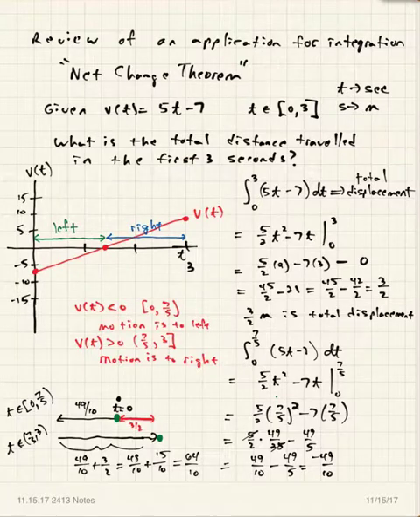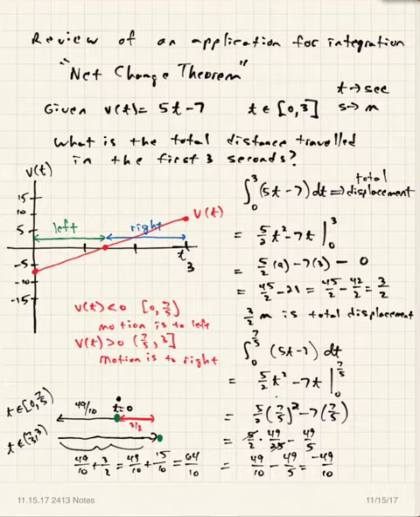And that 64 tenths is going to represent the total distance that this object has traveled. Oh, I'm sorry, that's not the total distance it's traveled. That's the distance that it traveled to the right. So it traveled to the right 64 tenths of a unit.